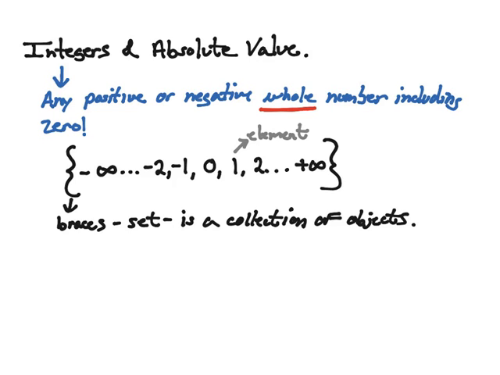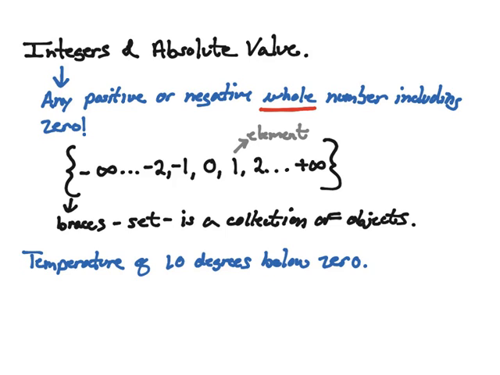So for example, if you have a temperature, let's say, whoops, I'll write that a little bit neater. Let's say you had a temperature of 10 degrees below 0, then that would translate into a temperature of -10, regardless of what the scale is.